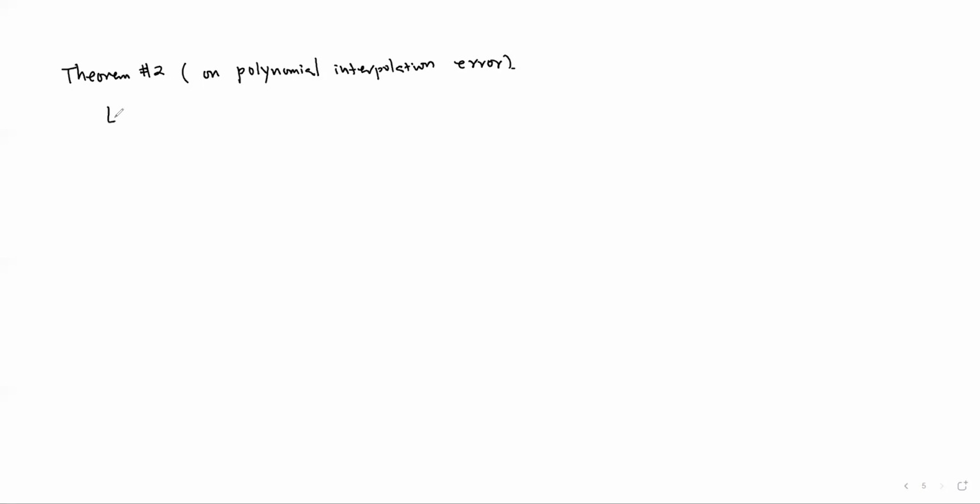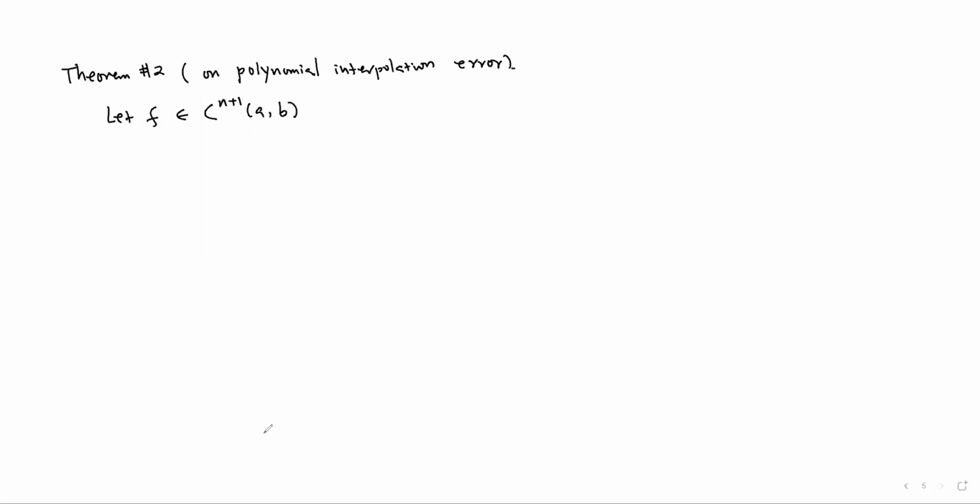I suppose function f is in this set. This notation means all the functions defined on the open interval (a, b), and those functions have derivatives up to order n plus 1. You can take the derivative n plus 1 times.